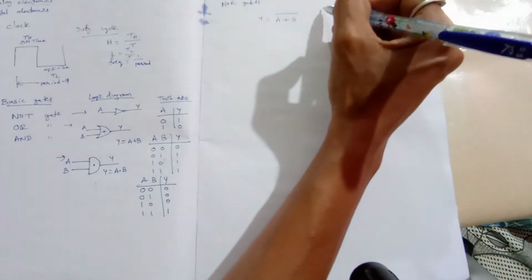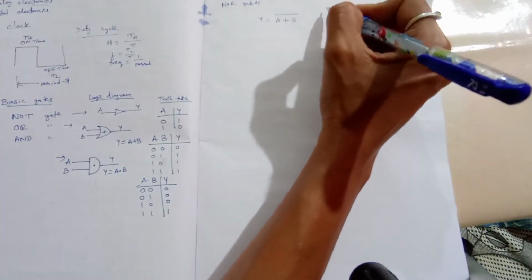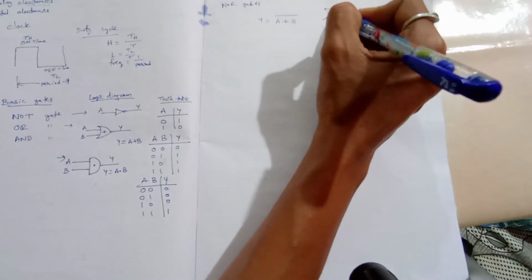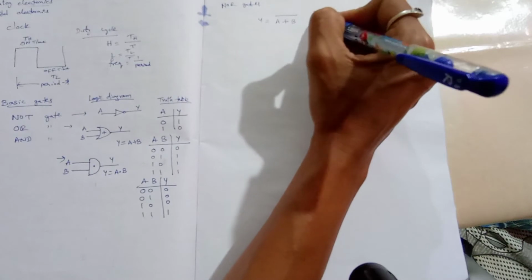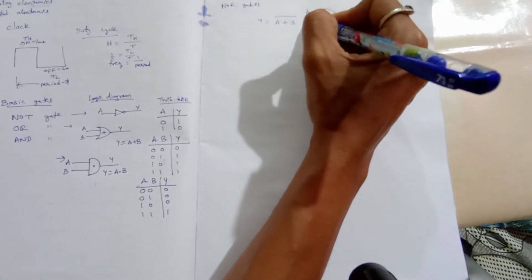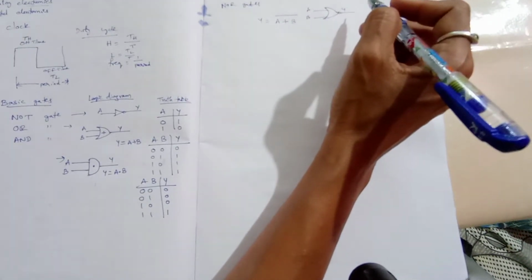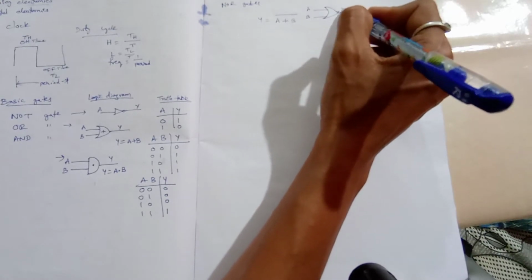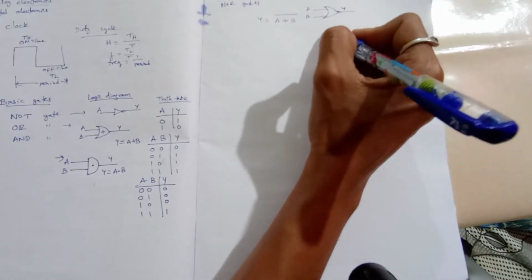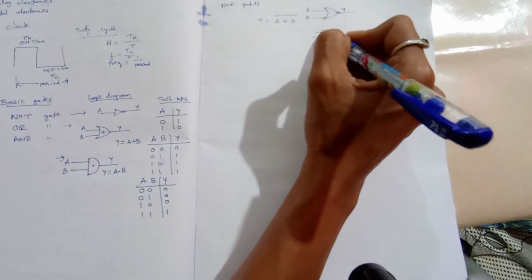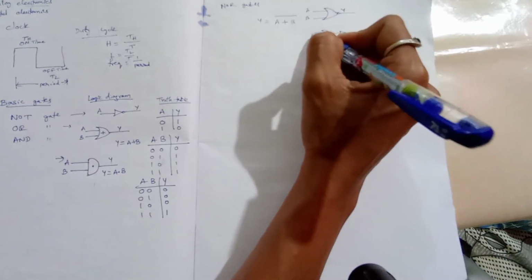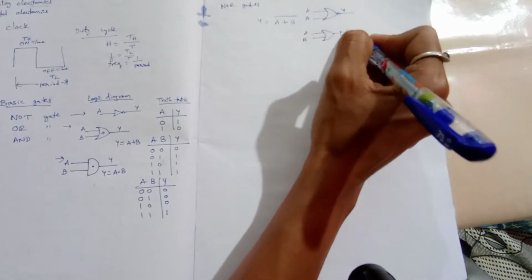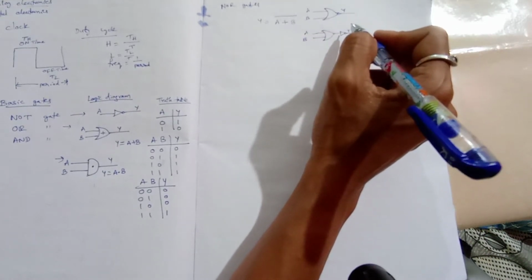And the logic diagram for this is OR with a bubbled output, A, B and Y. This bubble is nothing but NOT, OR plus NOT. So this is the NOR gate.